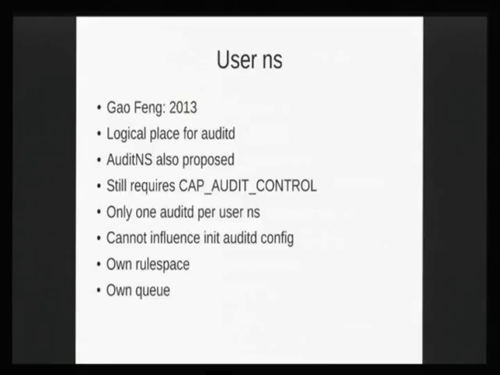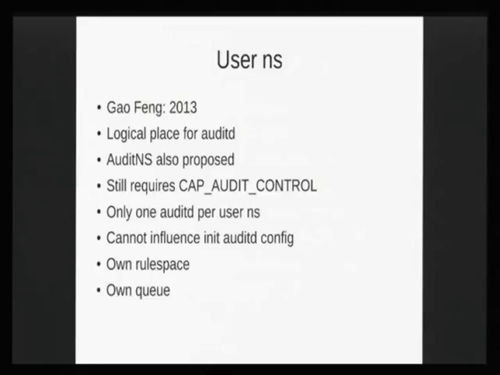And we also want to make sure that if you try to configure the kernel in one of the namespaces, you're not making a configuration that's going to adversely affect other audit configurations that are set up in other user namespaces, as well as the host system. So for example, I told you about the panic.